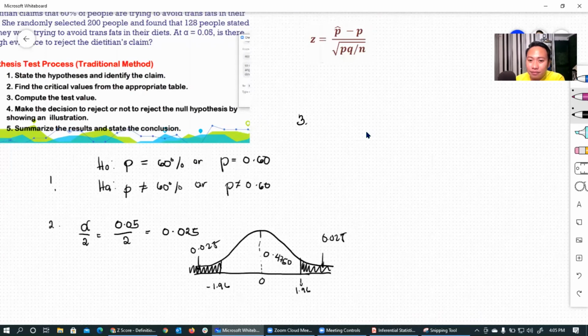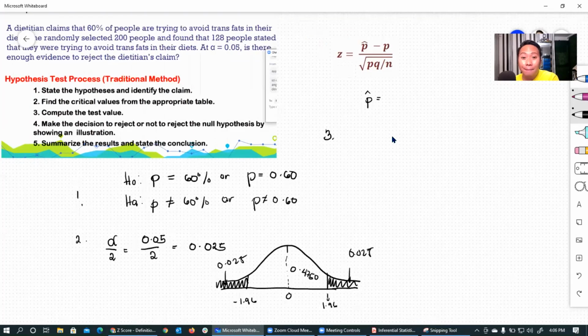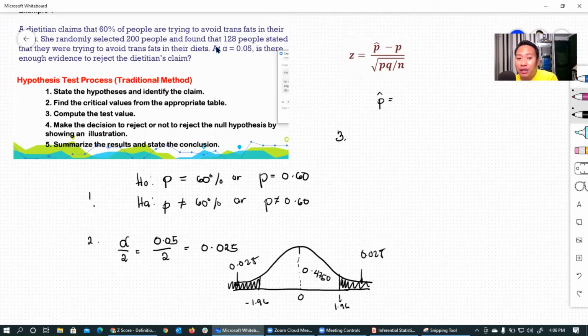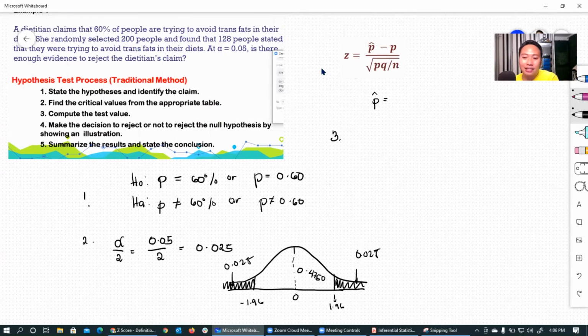Step 3. I'm going to define first each variable so you can see the substitution. So the p hat, guys, is the proportion of the sample that agrees to the statement. So out of the 200 people, how many people stated that they were trying to avoid trans fats? That's 128 out of 200. And I believe that's equal to 0.64. Can you confirm it?